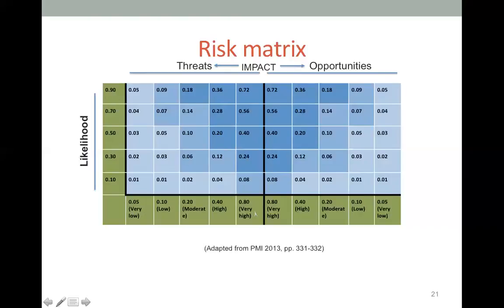And if the impact is also quite high, let's say you are losing $100,000, well, by any company standard, $100,000 is quite high, then you can rate it as more than 80%. It could even be 90%. So that may stay somewhere in here. So that's another way to look at the risk priority.